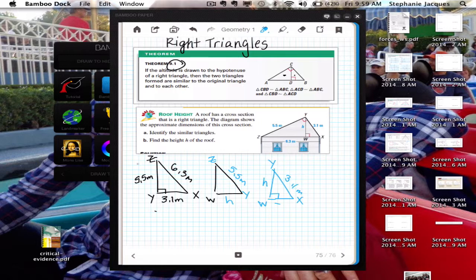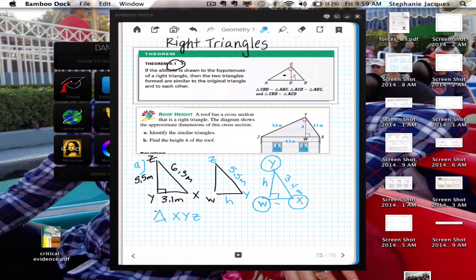Okay, so for the similarity, we're going to list them as follows. So we have triangle XYZ, and I want to do it in a certain order.